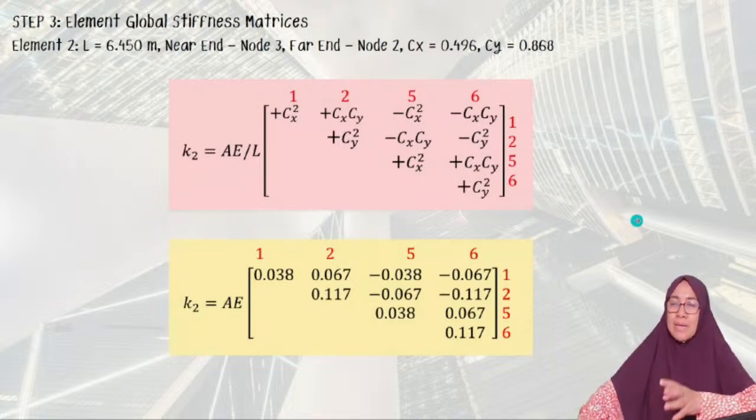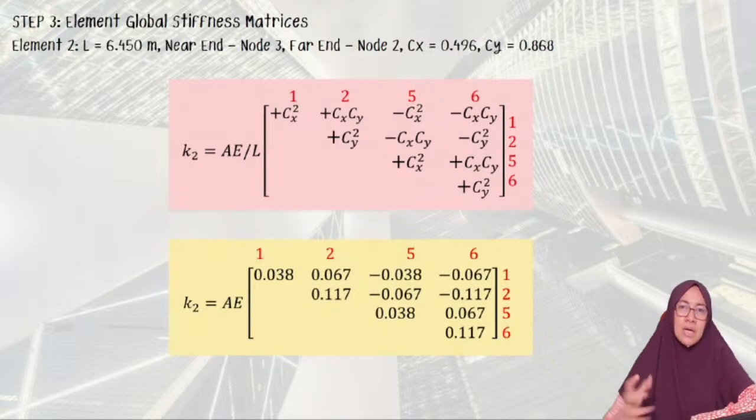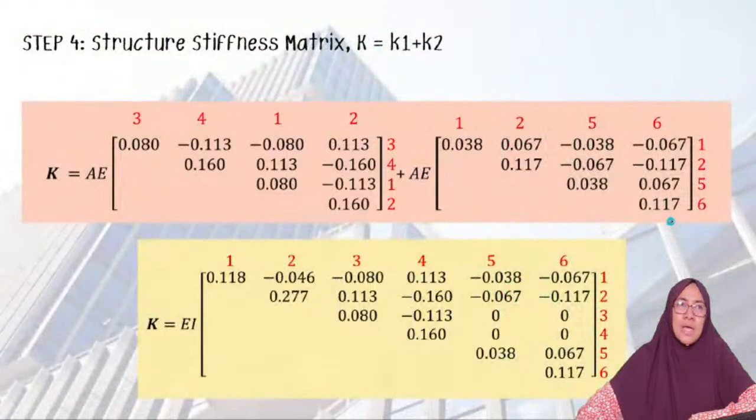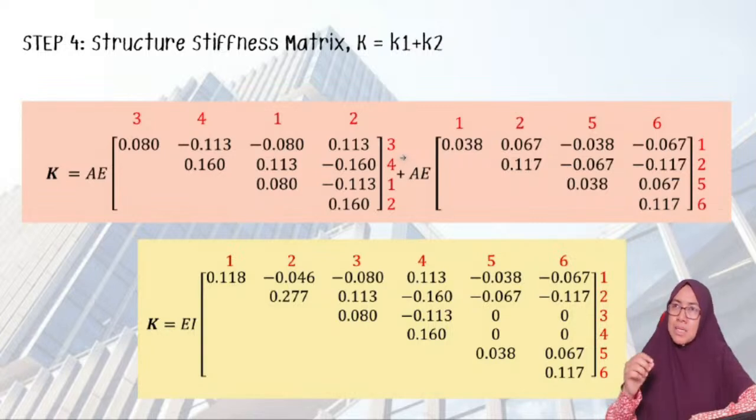Then we have to repeat the same process as what I have just shown you. We combine K1 and K2 to get the structure stiffness matrix, K equals K1 plus K2. Remember, the DOF labels in the element stiffness matrices are the positions in the 6 by 6 structure stiffness matrix, and the structure stiffness matrix, capital K, must be written in order 1 to 6.